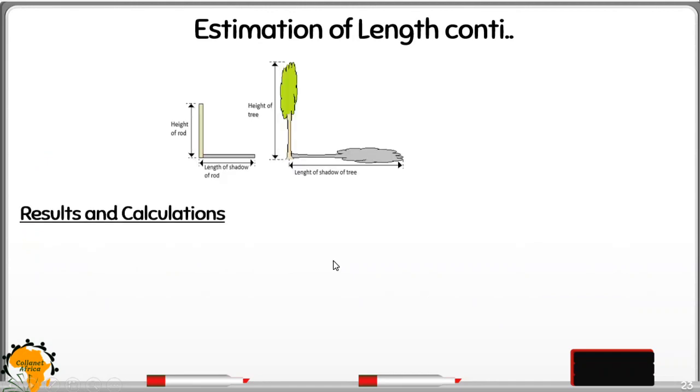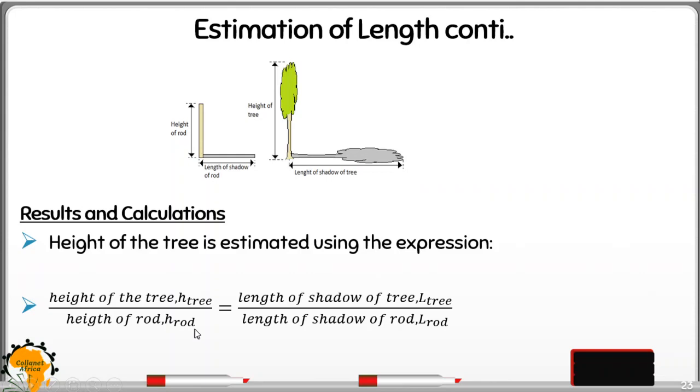You have the rod, you have measured the height of the rod, you have measured the length of the shadow of the rod. You have the tree, this is the height that you want to estimate, but you have the shadow. You can measure the length of the shadow. Then after that, you use this expression to get the height: height of the tree divided by height of the rod is equal to length of shadow of the tree divided by length of the shadow of the rod.